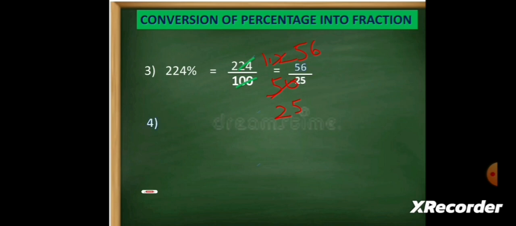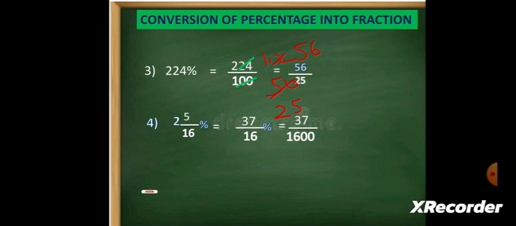Now see the next example. 5 upon 16%. We will change it into improper fraction, that is 37 upon 16. Don't forget to write percentage. That becomes 37 upon 1600. Percentage will change into 100. That means we will divide it by 100.